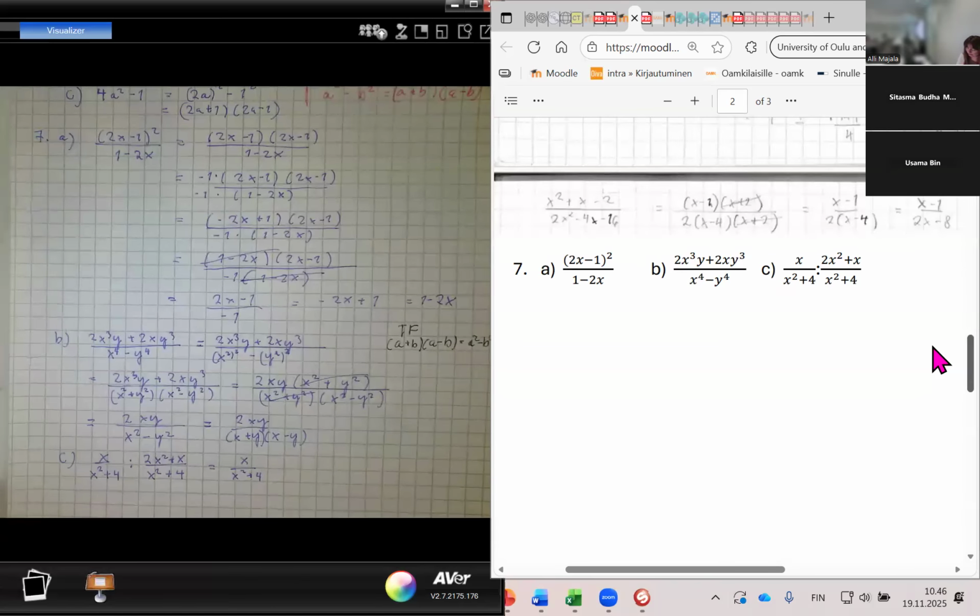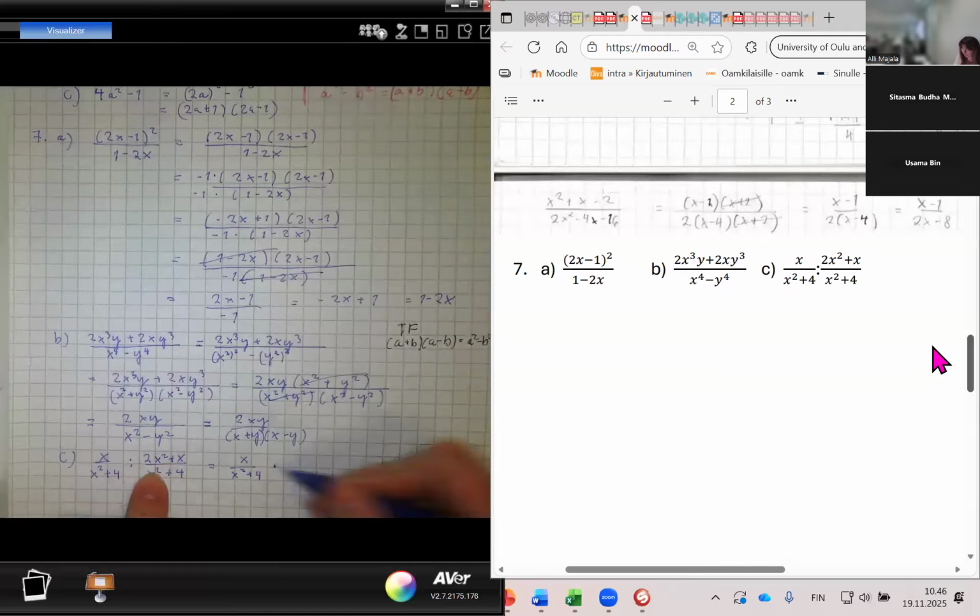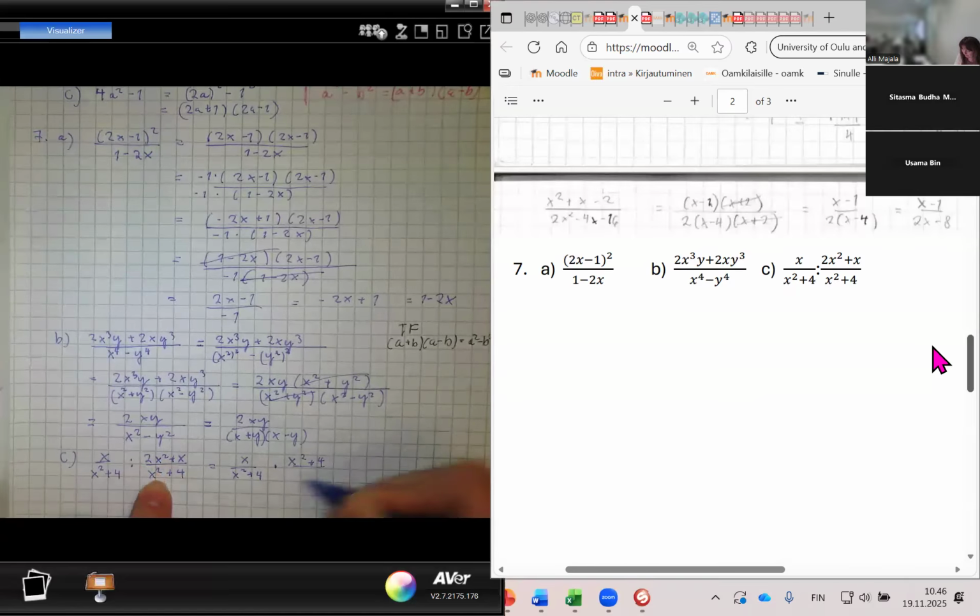Whereas I know that because this is a fraction, if I divide with a fraction, I can multiply with the inverse number, basically. So I just flipped it around.